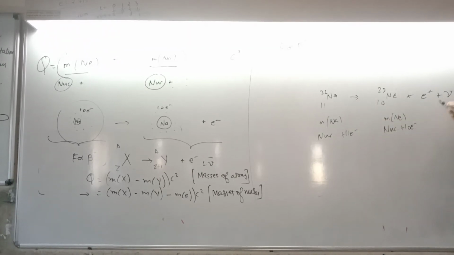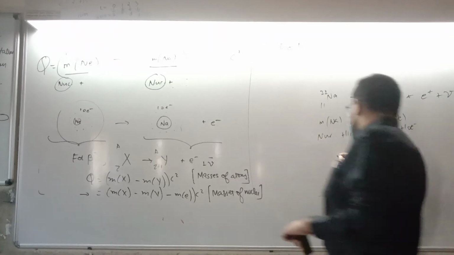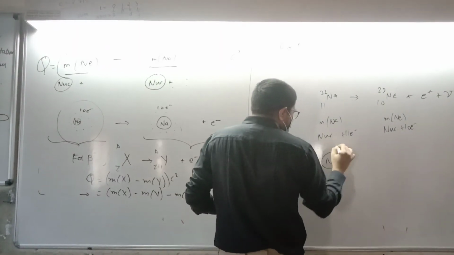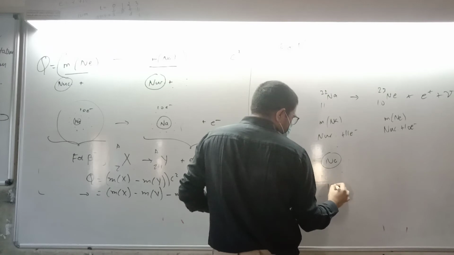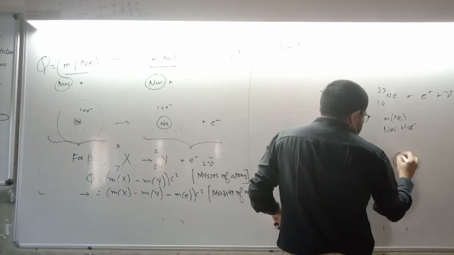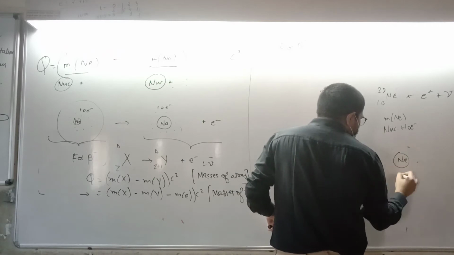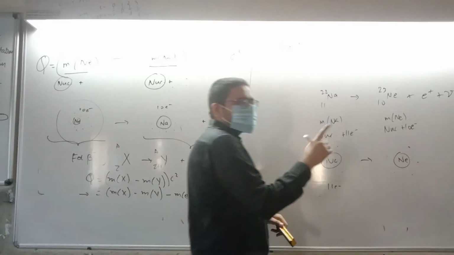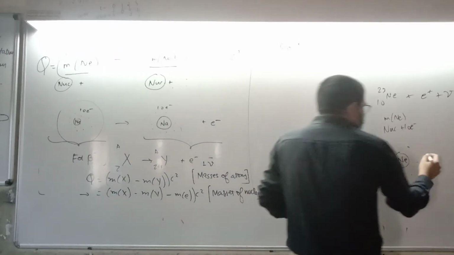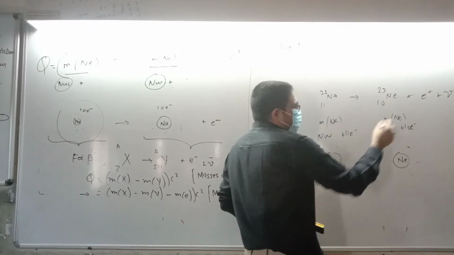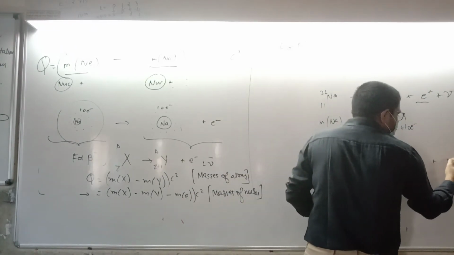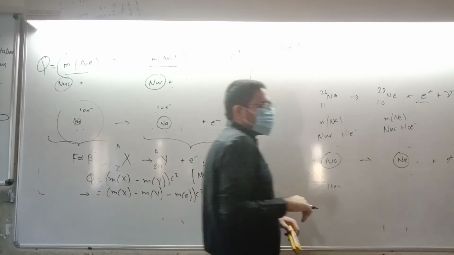Okay, and let's see what's the count here. So once again this is sodium with its own 11 electrons. When the nucleus suddenly changes to neon, all the electrons stay with it. It will still have 11 electrons, and also along with that one positron, which we have to count. Okay, so let's make a total.